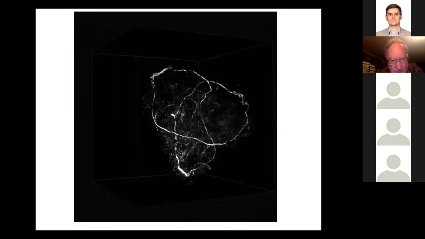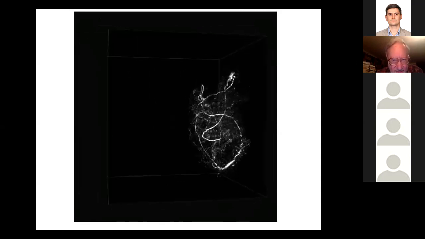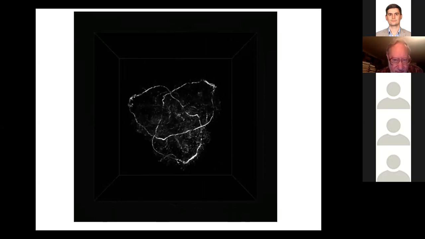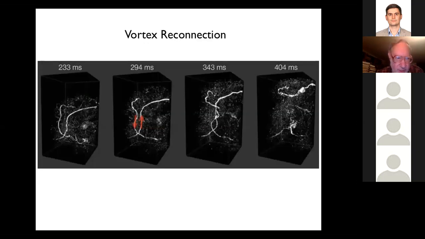These knotted vortices are indeed highly evanescent. They quickly disintegrate, and they disintegrate by vortex reconnection, like this in this sequence of pictures. Two parts of the vortex come near one another, and they interact, and they recombine.